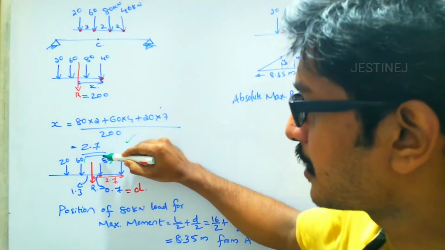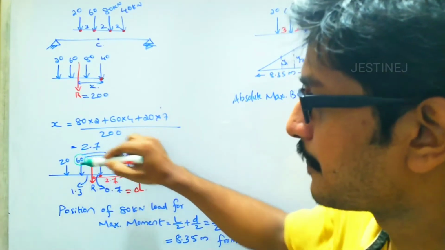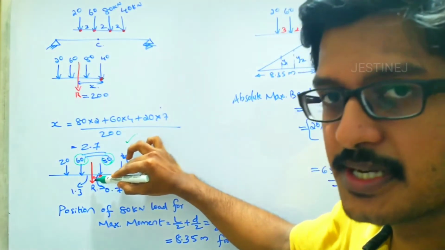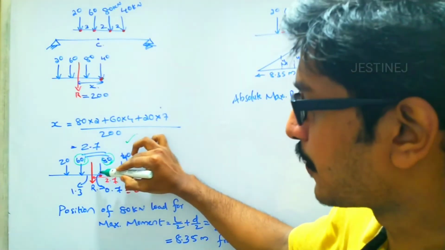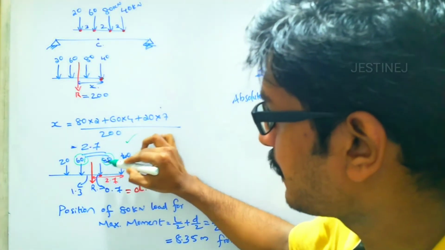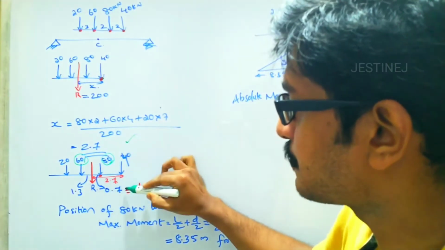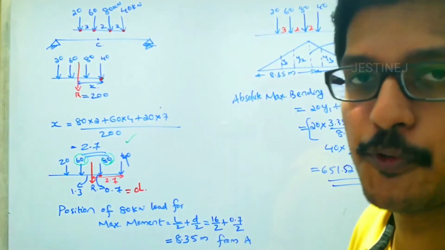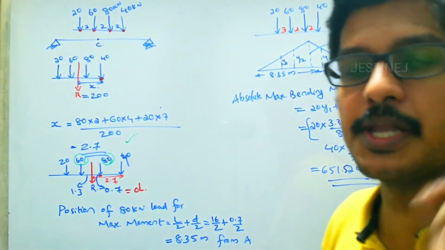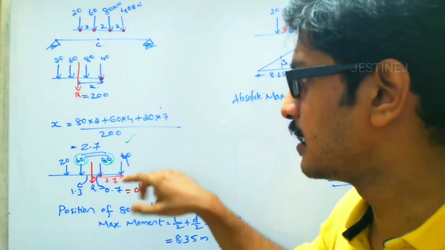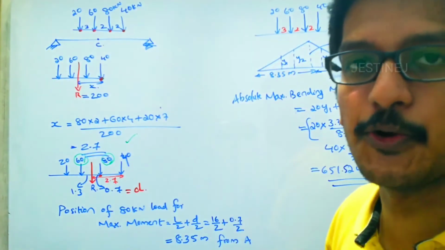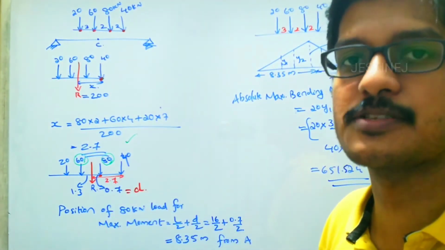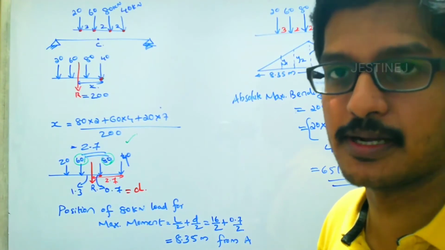It is nearer to the 80 and the 60. The distance between the 80 kilonewton and the resultant is 0.7, and between the 60 and the resultant is 1.3. So the bending moment will occur under the 80 kilonewton, since the resultant and the 80 kilonewton are closest; that is one of the guidelines.